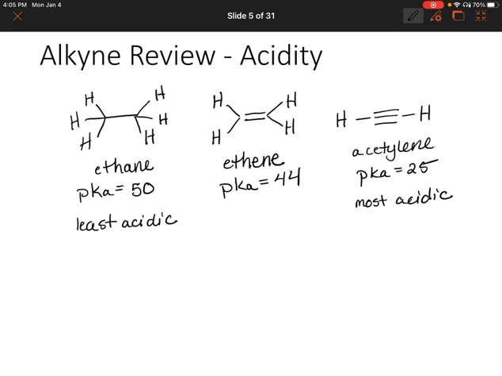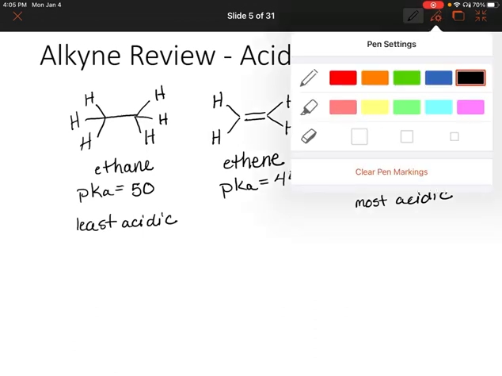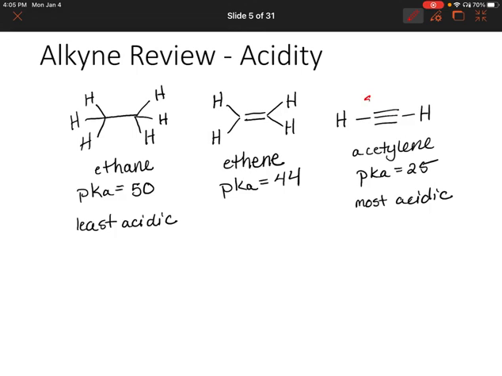Now, part of the reason for that is acetylene is sp hybridized, as we talked about before, or its 2 carbons are sp hybridized. And if acetylene loses one of its hydrogens, it becomes the acetylide ion. Let's make sure I'm spelling this right. That is not the correct way to spell acetylide.